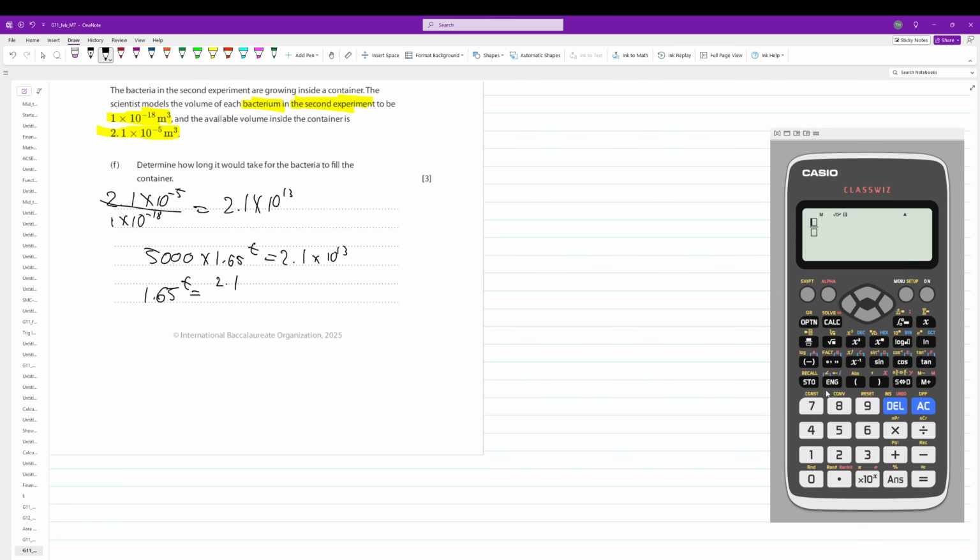So 2.1 times 10 to the 13, divided by 5,000 gives me 4.2 times 10 to the 9.